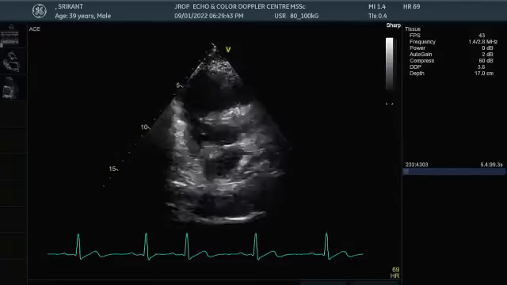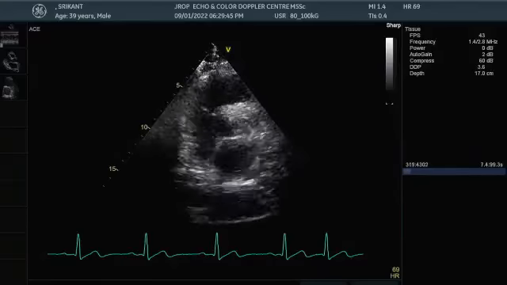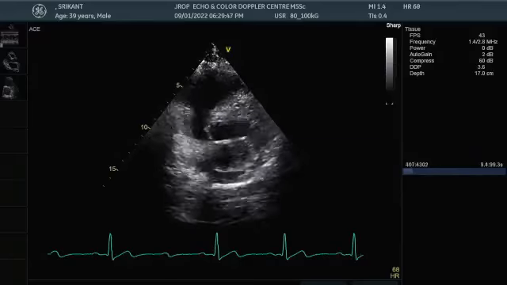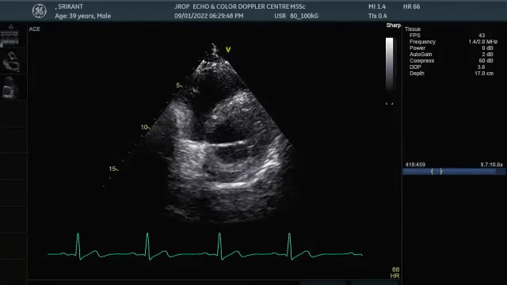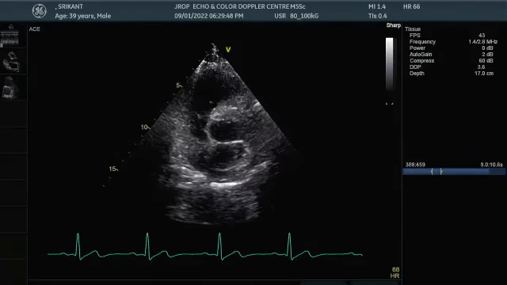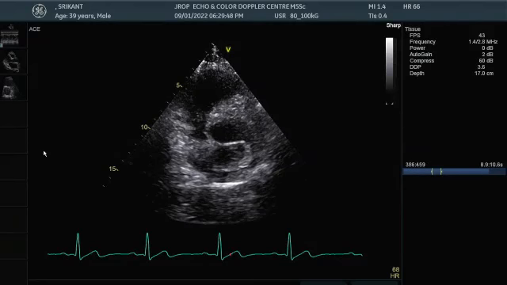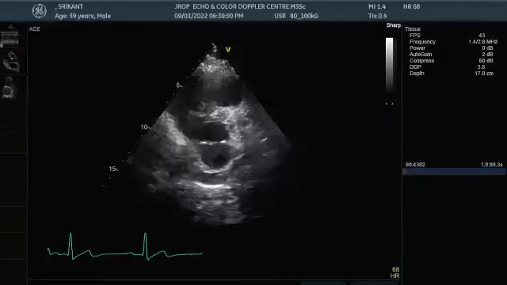And many times by oblique angulation, sometimes we can see the LA appendage, as seen over here. And how do we see this LA appendage?